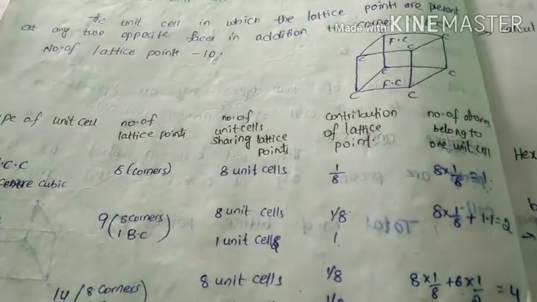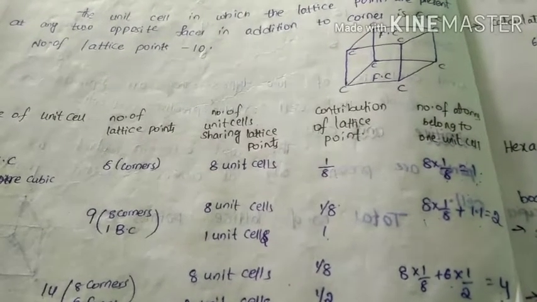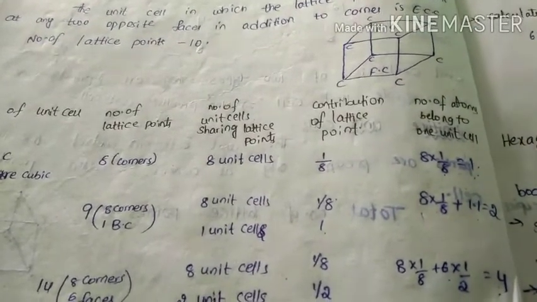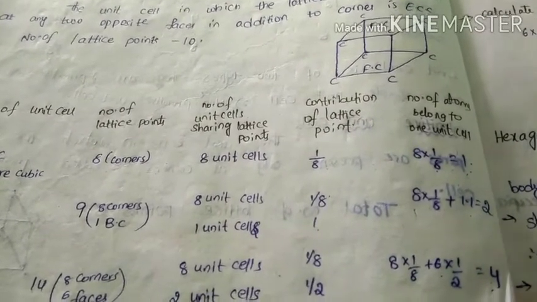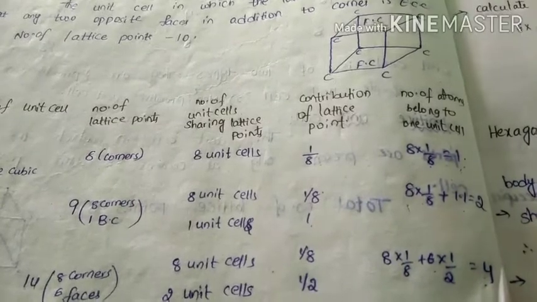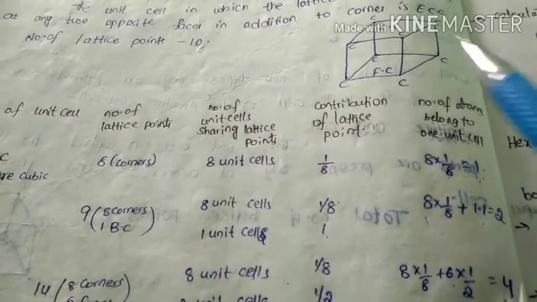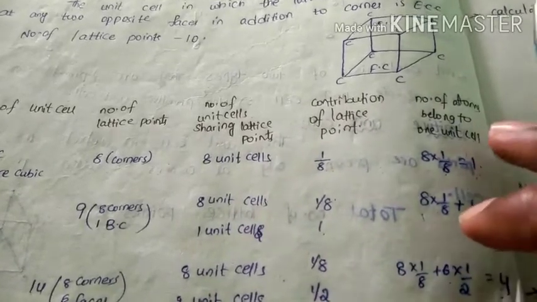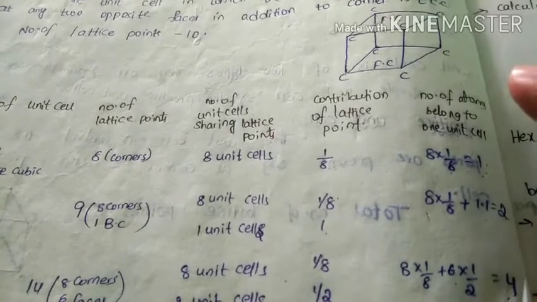If BCC is mentioned in the problem, then 2 atoms. If FCC is mentioned, 4. If ECC is present, 2. If simple cube is present, 1.